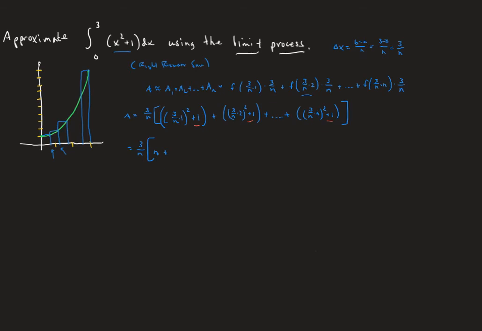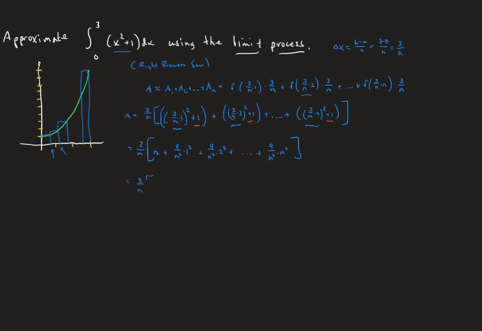The first term, when we take 3 over n times 1 and square it, we get 9 over n squared times 1 squared. Plus, the next one is going to give us 9 over n squared times 2 squared. Plus, going all the way out to that nth one, that's going to be 9 over n squared times n squared.